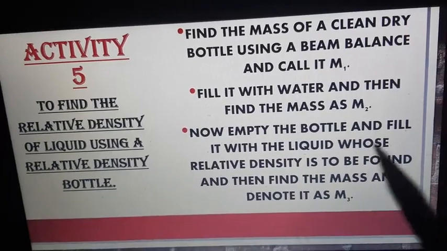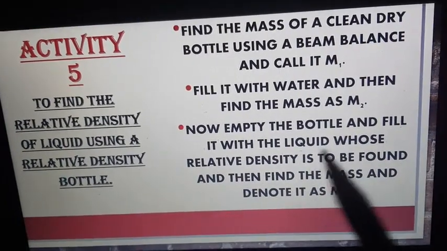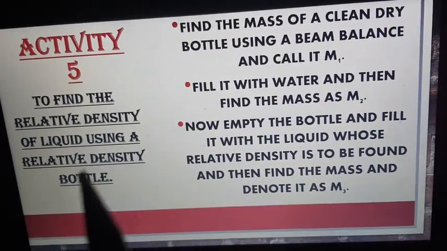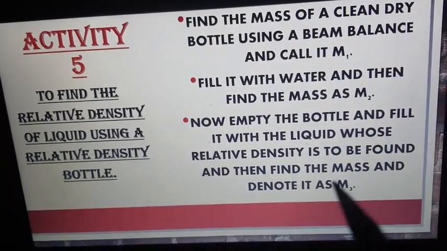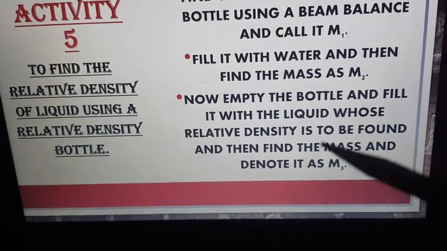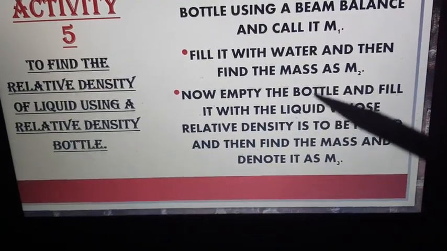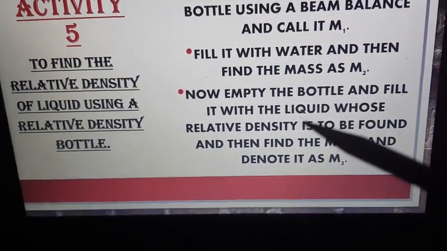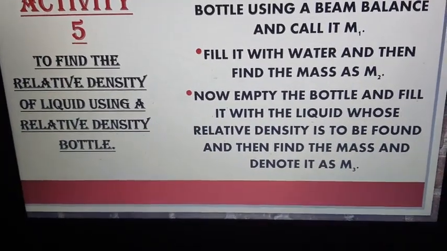Now we empty the bottle and fill it with the liquid whose relative density we need to find out, and take the mass again. The third mass, M3, is the mass of the bottle plus the liquid.